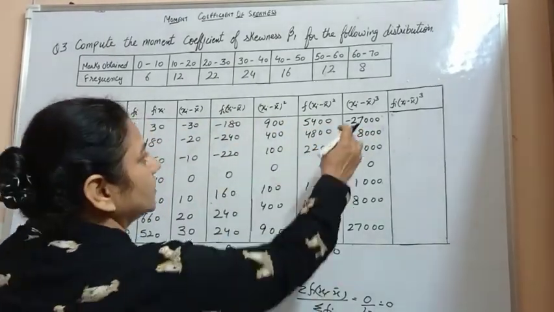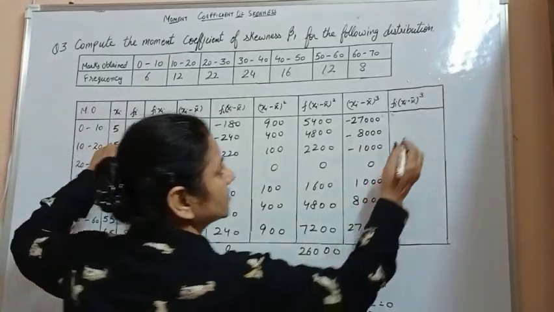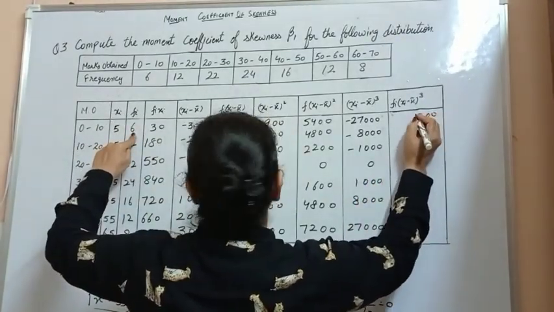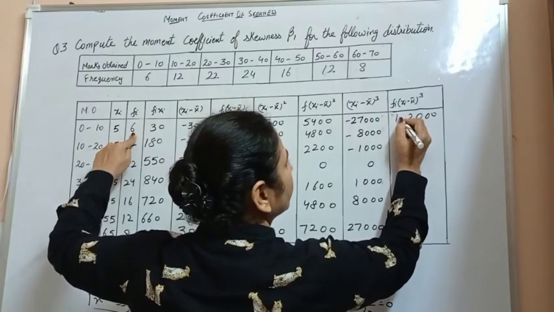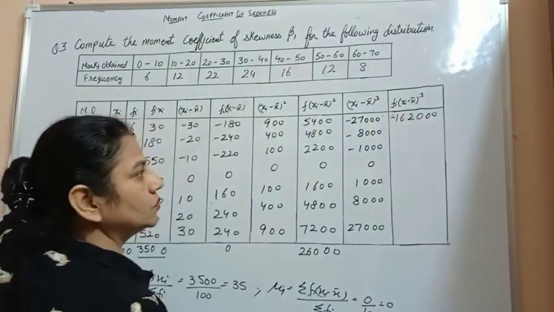So 6 into minus 27,000 gives minus 162,000.